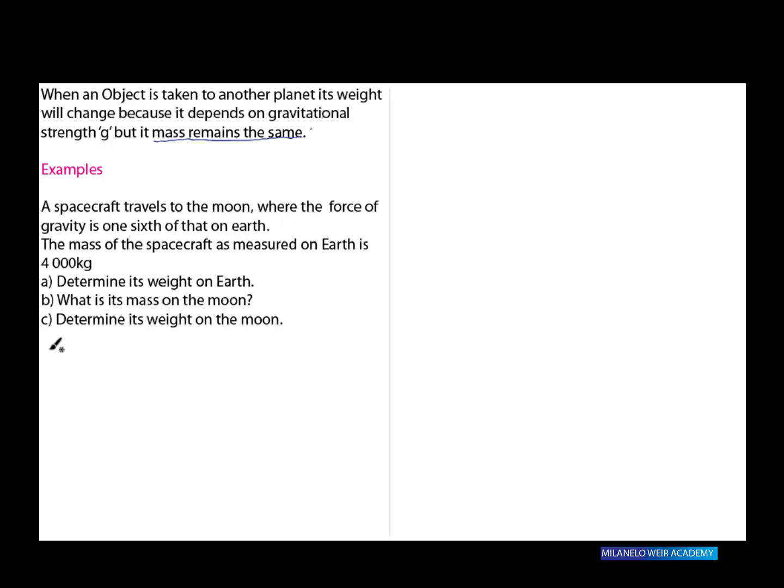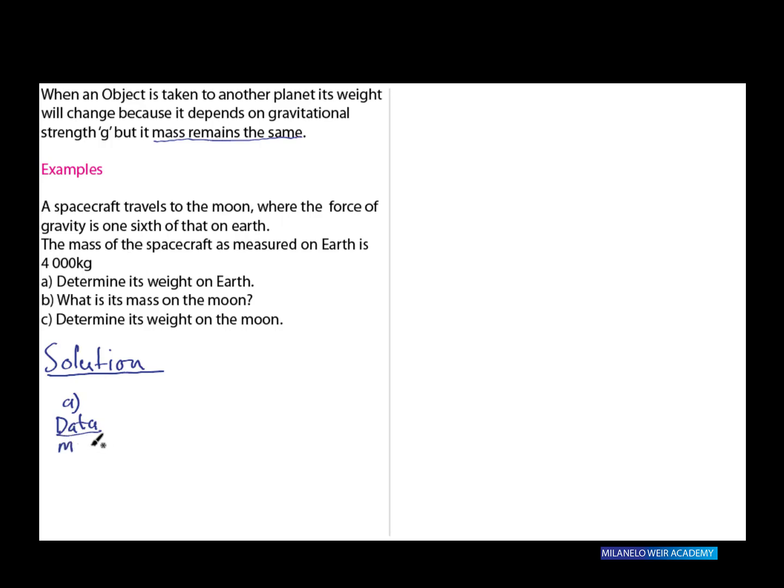So now we're looking at solutions. So A, remember, we take data. The mass of the spacecraft as measured on Earth is 4,000 kg, right?